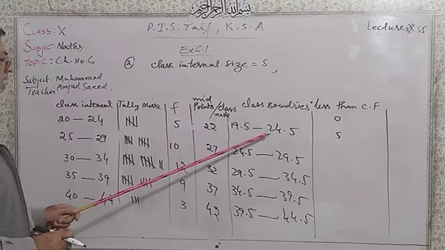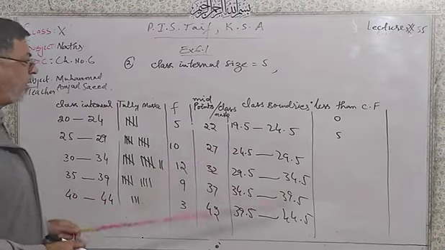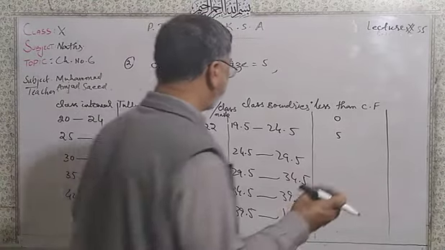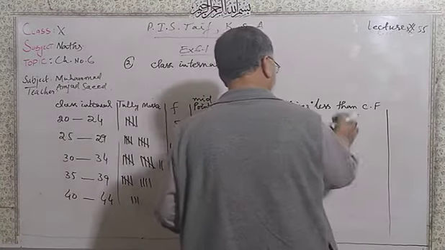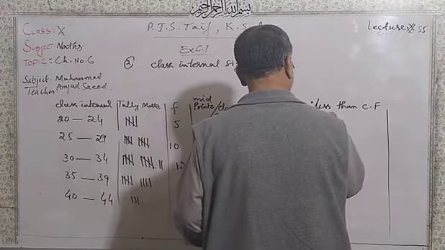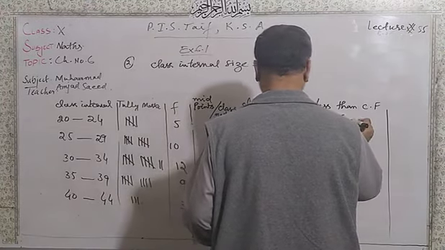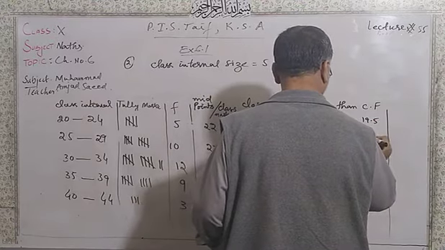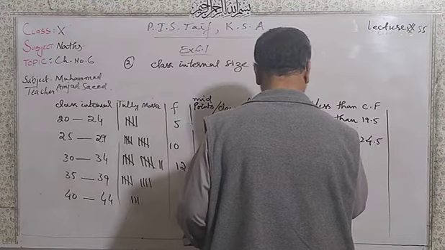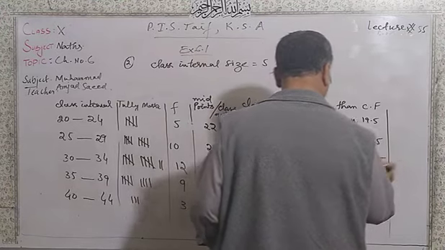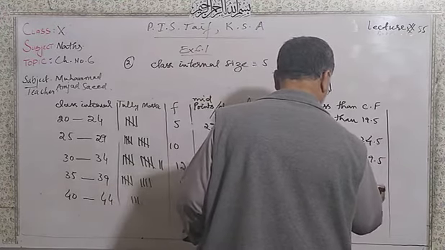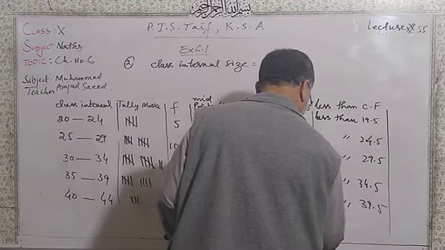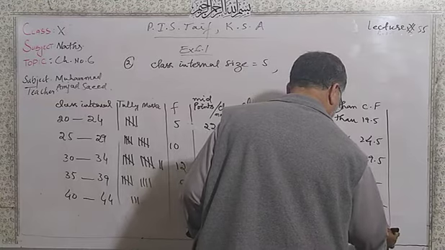Then less than 24.5. Here you can write down less than 19.5, less than 24.5, then less than 29.5, less than 34.5, less than 39.5, and less than 44.5.